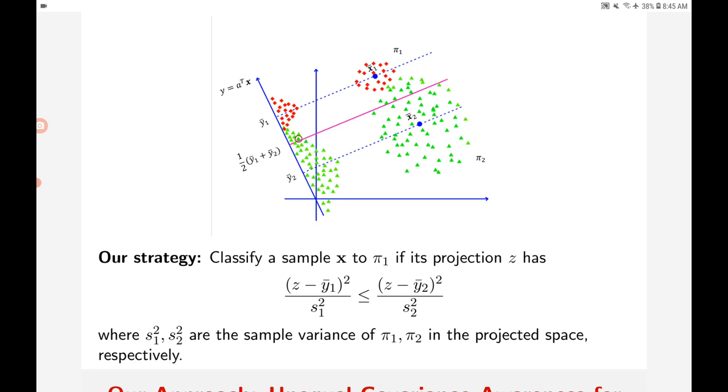So our strategy is we take into account the variance within the classes, and we classify a sample X to pi 1 if its projection Z has (Z minus Y1 bar) squared over S1 squared smaller or equal to (Z minus Y2 bar) squared over S2 squared. Here S1 squared, S2 squared are the sample variances of pi 1 and pi 2 in the projected space respectively.